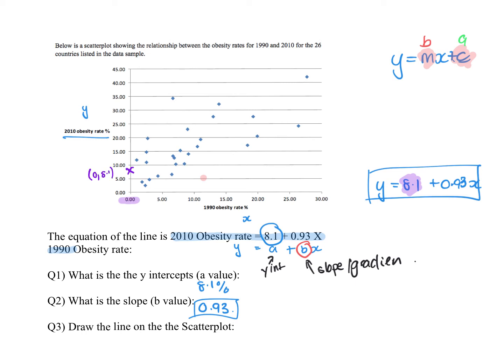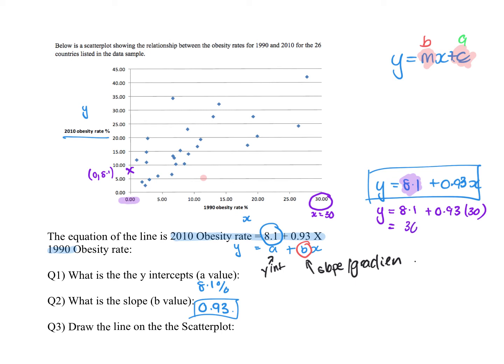Okay, now I need another point so I can draw this straight line. What I'm going to do is use this 30 and pop it into the formula, because this 30 is when x equals 30. So when x equals 30, I'd have y equals 8.1 plus 0.93 times 30. We'll do that on our calculator. I get 36.